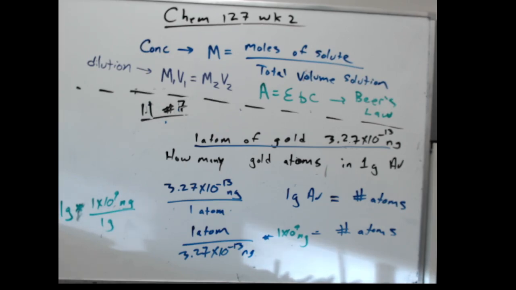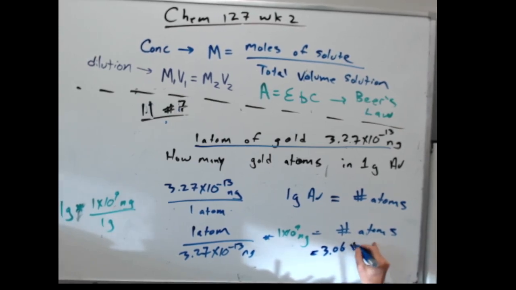And I'm going to get 3.06 times 10 to the 21 atoms, after rounding. That's a lot of atoms, which makes sense because atoms are really small and a gram is relatively big.